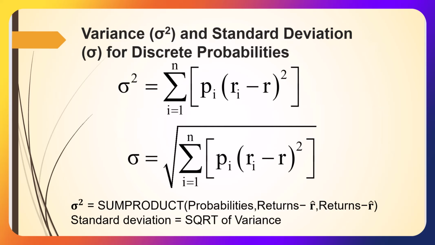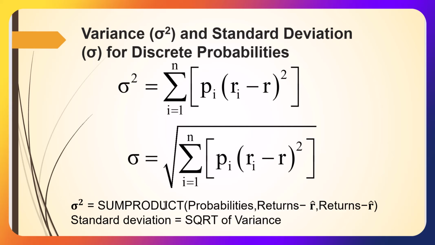Here we see the formula for standard deviation, and note that the formula involves the probability that there's a difference between what you expect to happen, the average of your expectations, and what actually happens in those economic events.